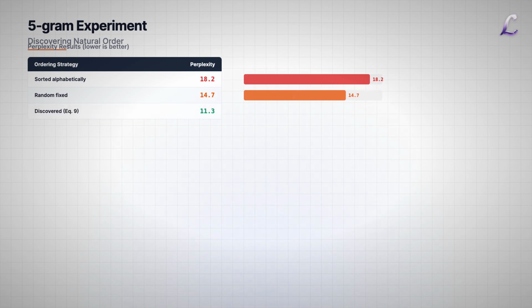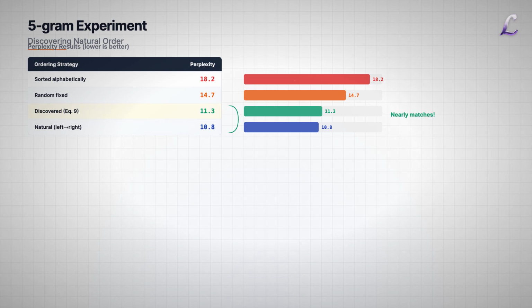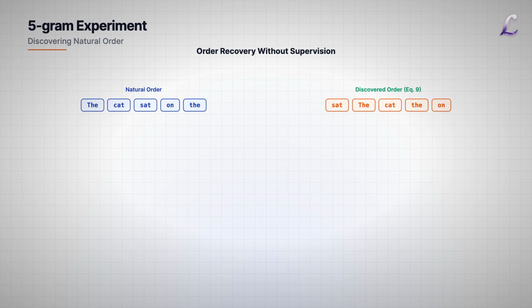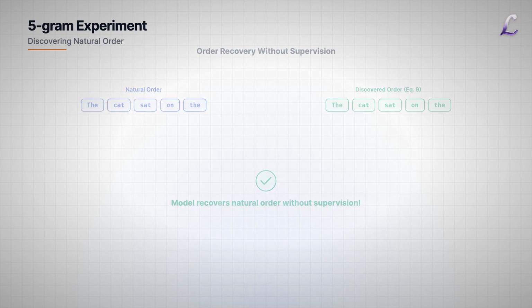A random but fixed permutation does better, but it's still suboptimal because the decomposition doesn't match the true data generating process. Using the ordering discovered by equation 9, the search procedure, the model achieves perplexity very close to the natural left-to-right ordering. The model essentially recovers the natural order of English text, without any supervision about what that order should be.